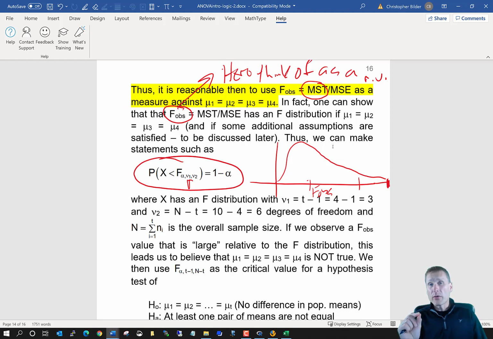That's going to be the numerator degrees of freedom. In the denominator of F obs, remember MSE itself, you take the sum of those squared errors and divide by the overall sample size minus the number of treatments, or number of factor levels. That's how we find the numerator and denominator degrees of freedom for the F obs statistic itself.